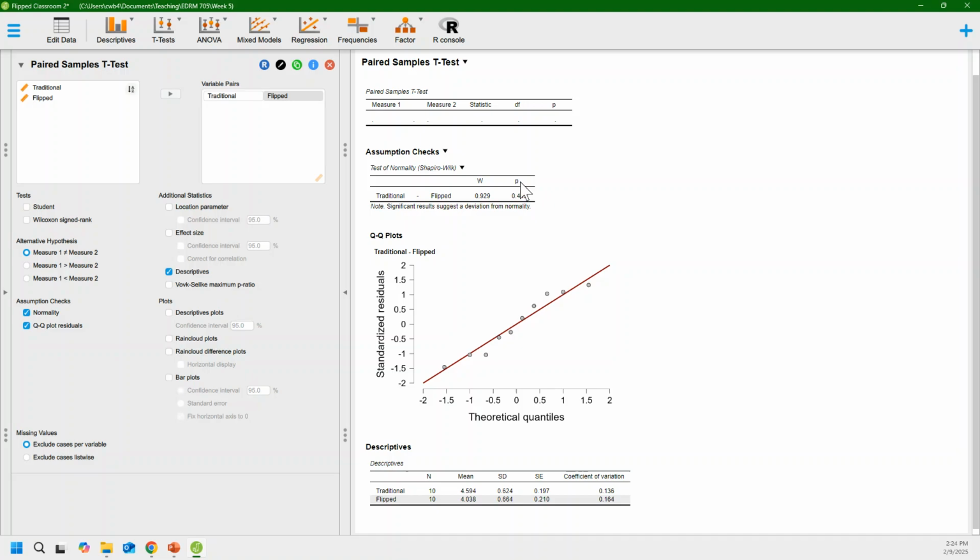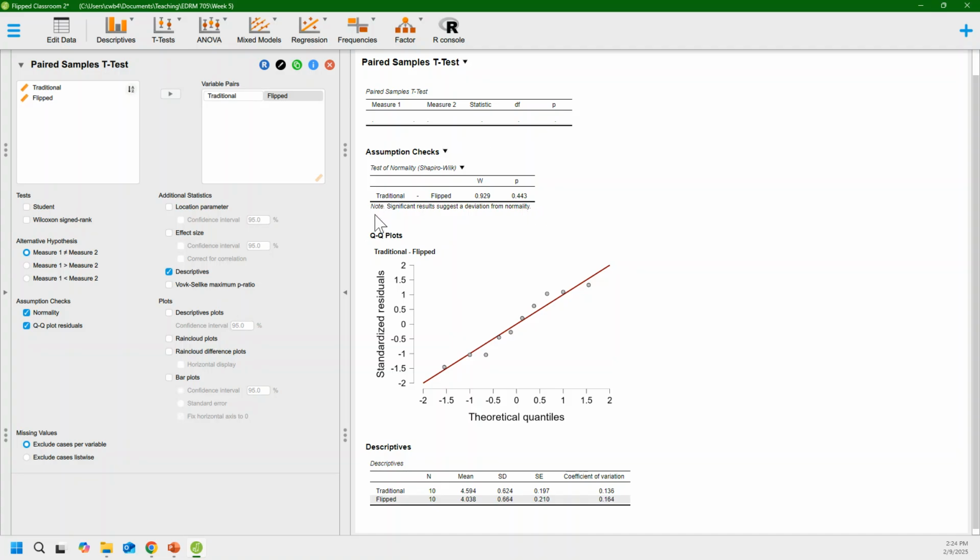Since our p-value is greater than an alpha of 0.05, we would fail to reject the null hypothesis that our data are normal. Basically, what this test is saying is that since this p-value is greater than alpha, we don't have enough evidence that the data are not normal. So we're going to continue to assume that the data are normal.